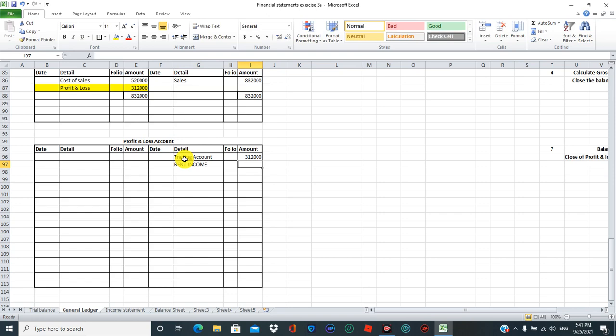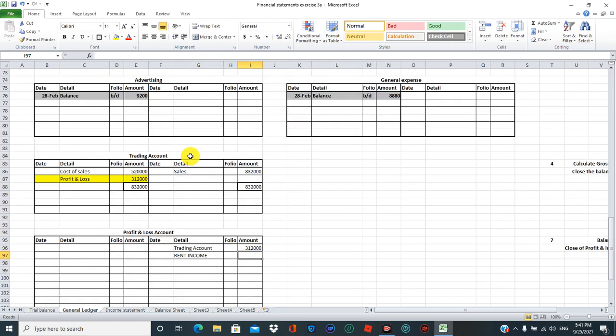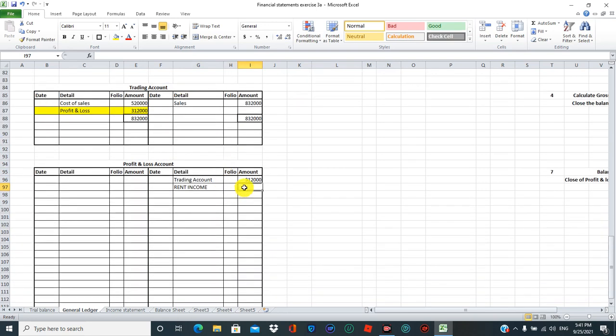So forgive that. What was the amount for rent income now? Can't remember. 45,500. Oh no, I actually don't like writing in all caps. Sorry. That is 45,500. Right. Okay.